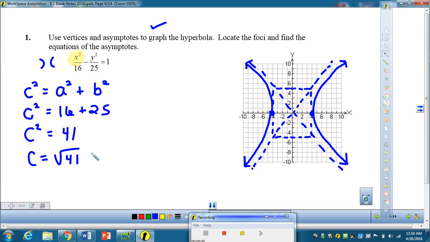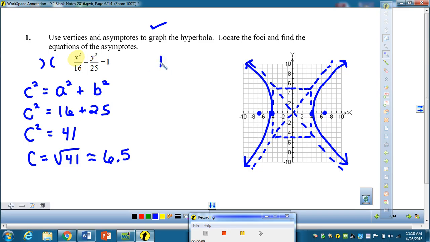So this is going to be somewhere between 6 and 7, maybe 6.5. If you plug this into your calculator, you can get something more accurate, but this is how you could think about it if you didn't have a calculator. If we go back to our center and count somewhere between 6 and 7 spaces, we mark a point there to show the location of the foci.